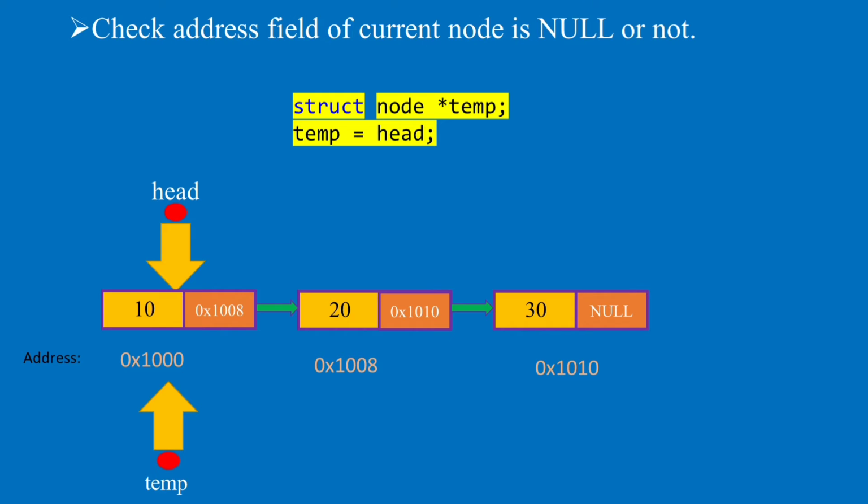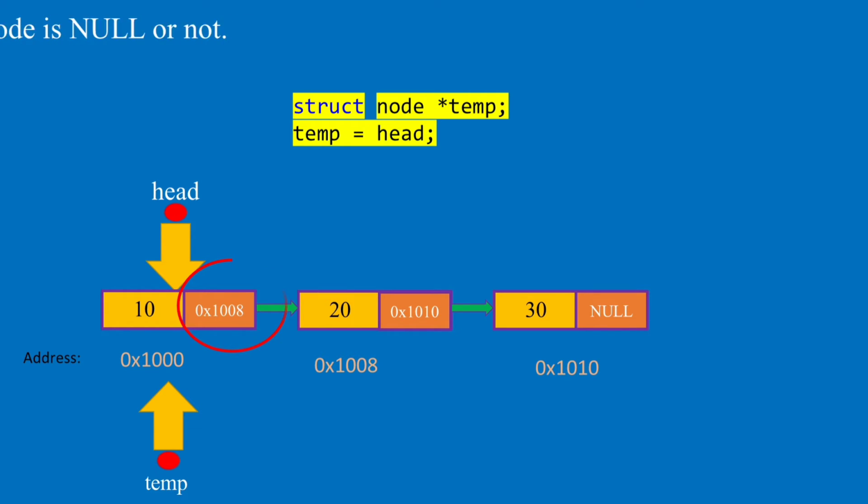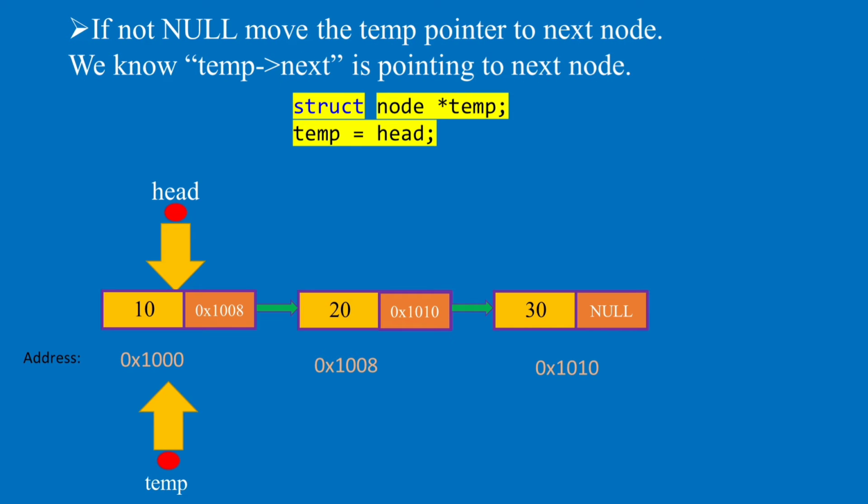Check the address field of the current node is null or not. Here, the address field of head is not null. If not null, move the temp pointer to next node. We know temp pointer next is pointing to the next node.